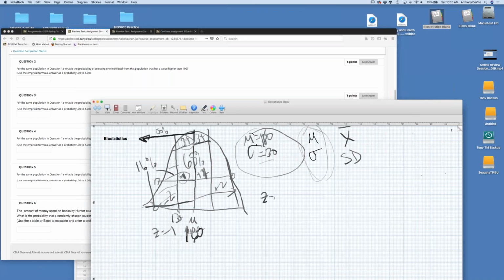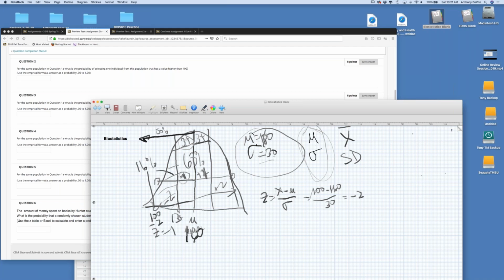Z is equal to X, the value we're interested in, minus the mean, over the standard deviation, to give us the number of standard deviations it is from the mean. So we're interested in 100 minus 160 over 30. That's going to be equal to minus 2, right? 60 over 30, minus 2. So in other words, 100 has a z-score of minus 2.